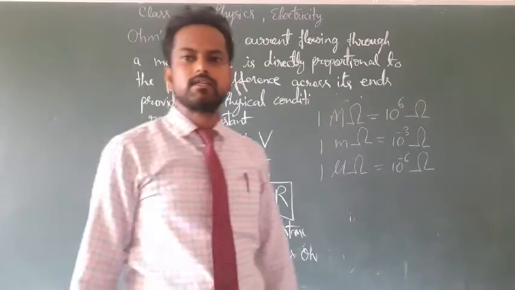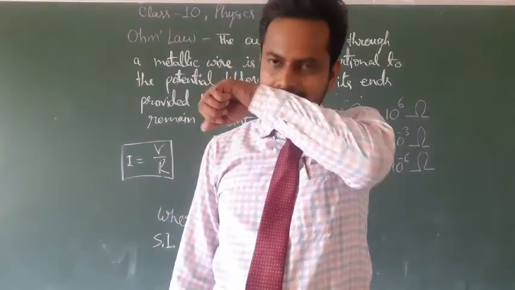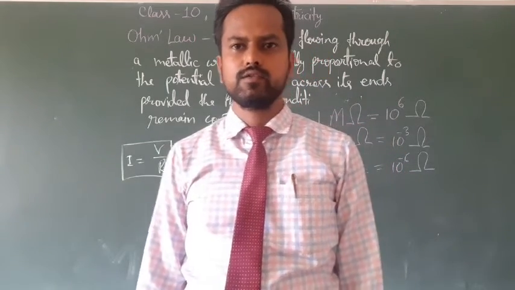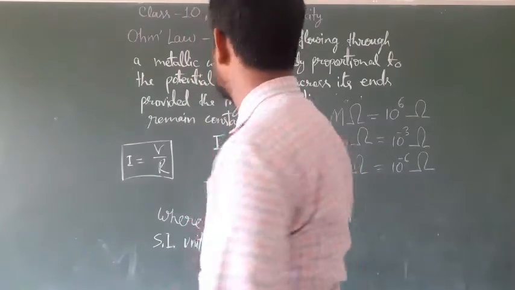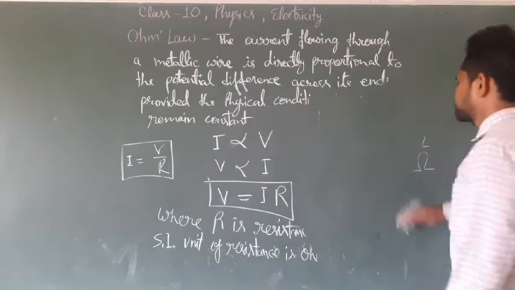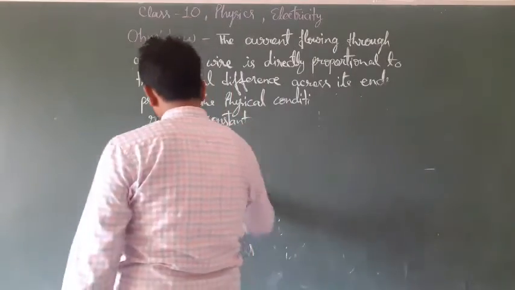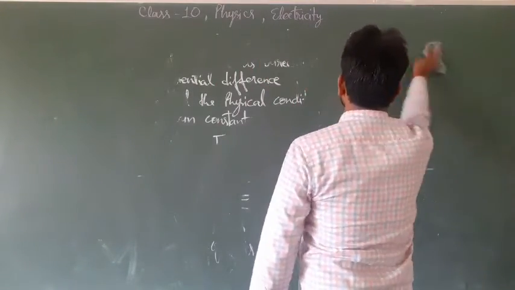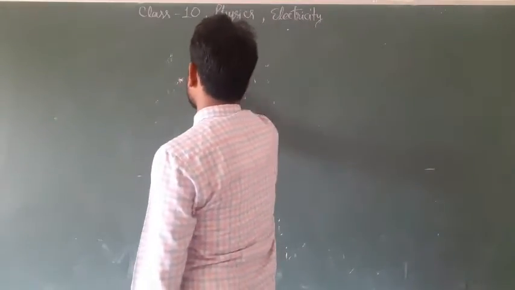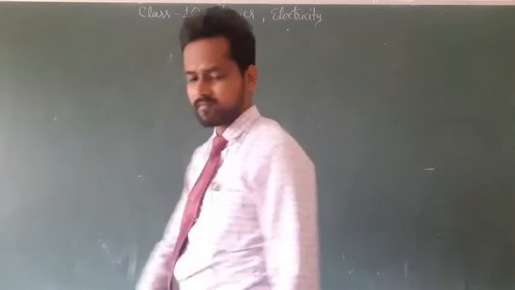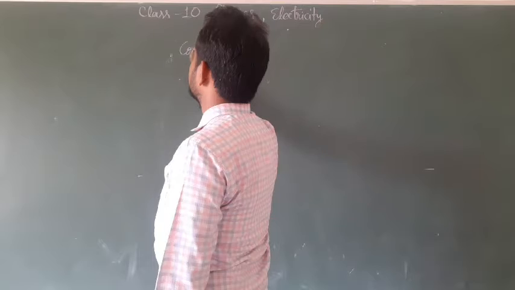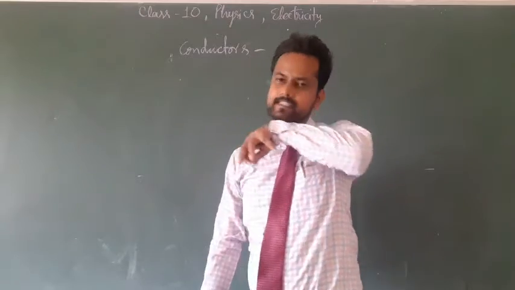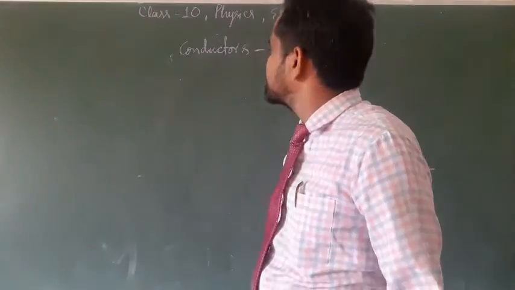Now we will understand, on the basis of resistance, what are conductors, insulators and resistors. So let's start. On the basis of resistance, we will understand what conductors are.